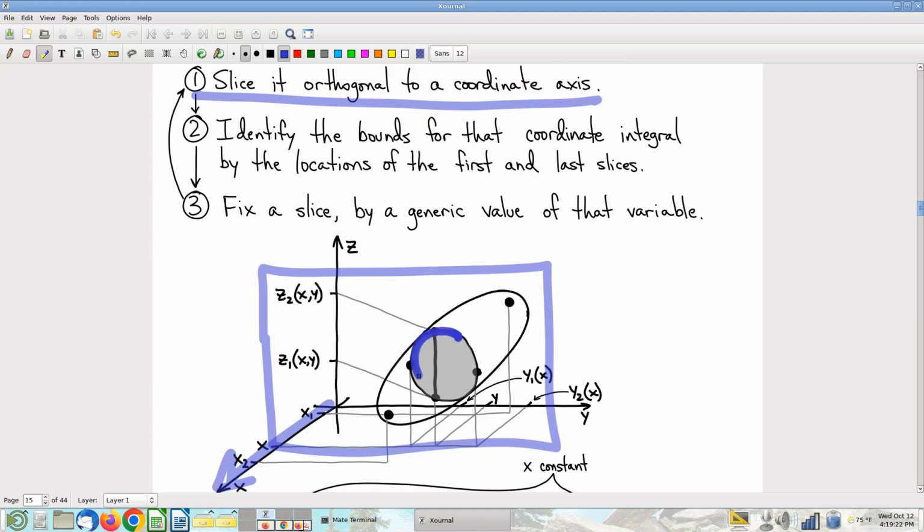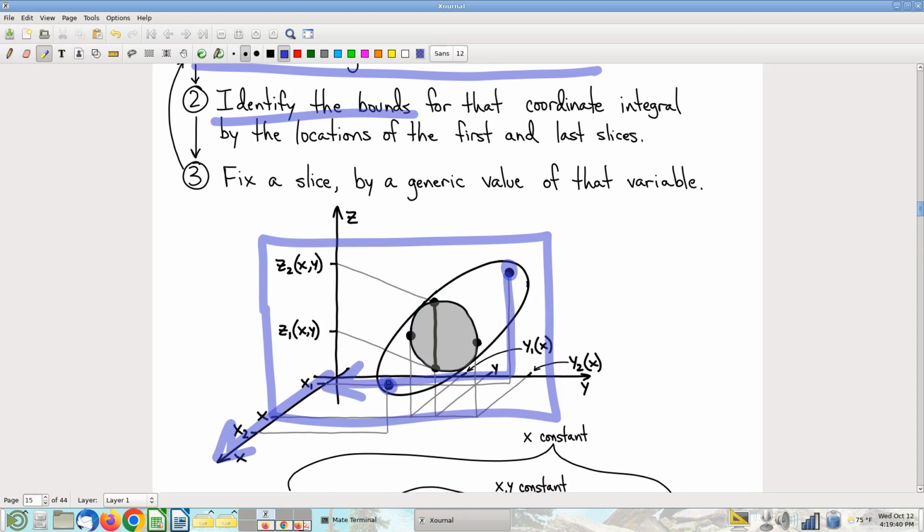You look at what those slices look like. You think about various of those slices at various different values of that variable x. You notice where's the first one, where's the last one. The bounds come from looking at where those first and last slices are.